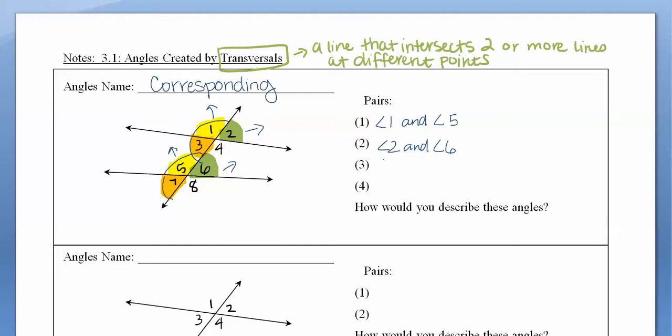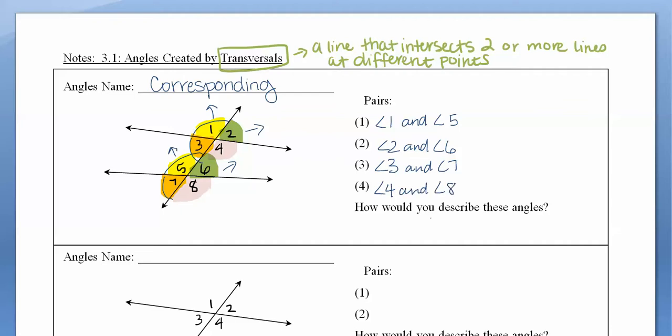So angle 3 and angle 7. And last but not least, we have another pair of angle 4 and angle 8. And that gives you 4 pairs of corresponding angles.